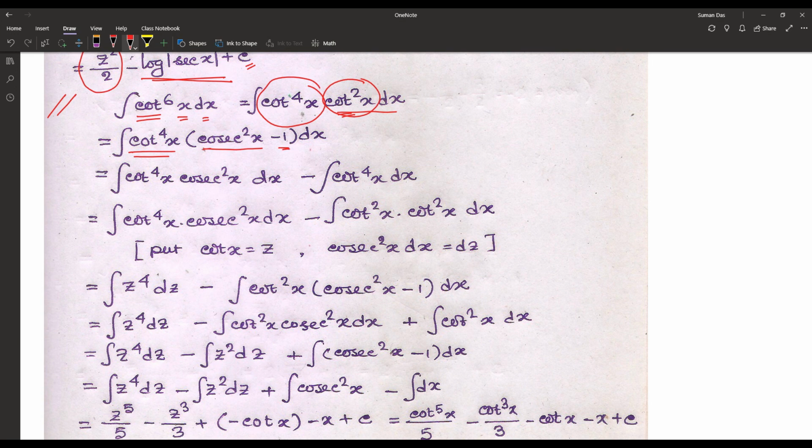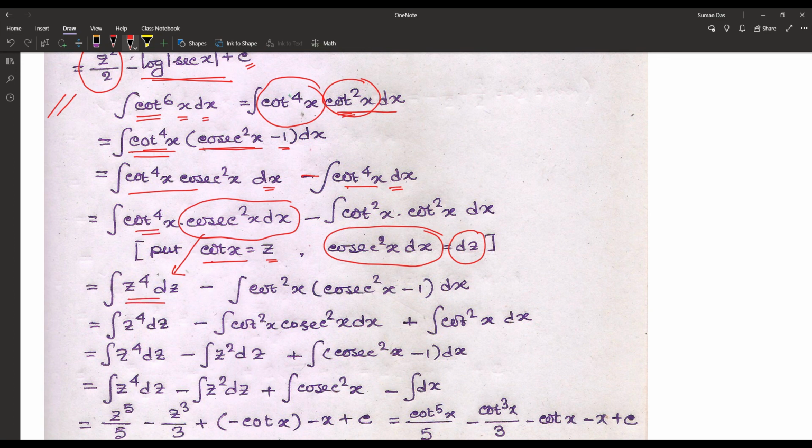So after multiplying, cot to the power 4x cosec square x dx minus cot to the power 4x dx. If we write cot x as z, then dz is equal to cosec square x dx. So that part can be written as dz and z to the power 4 dz. So finally a very simple integration gives us the result z to the power 5 divided by 5.